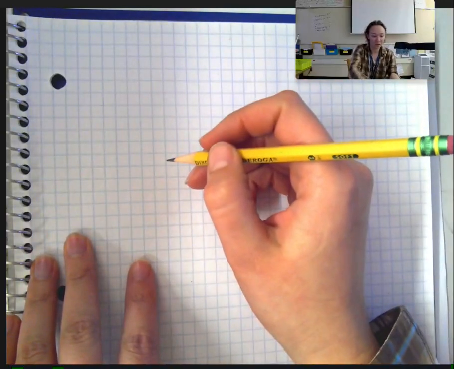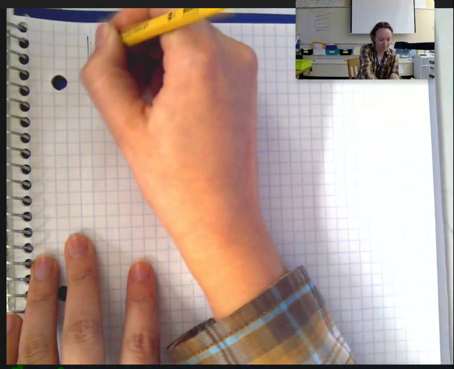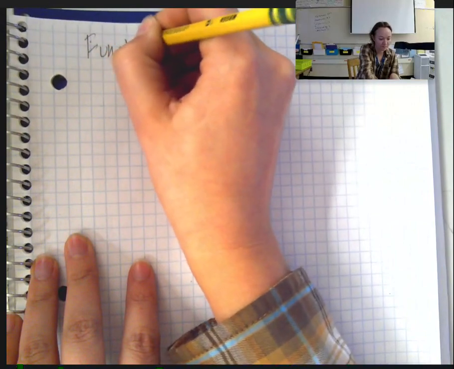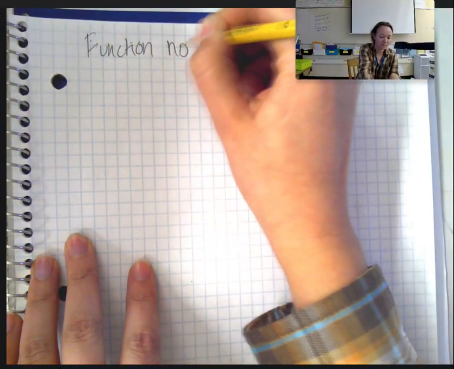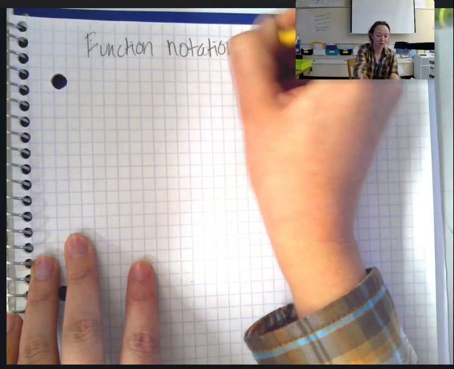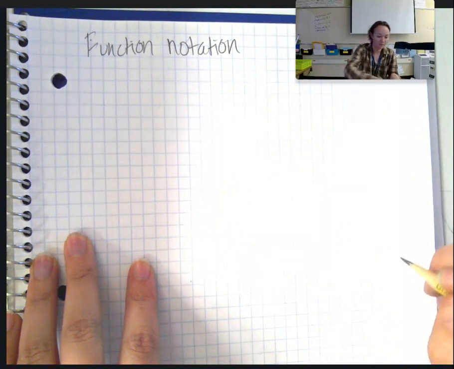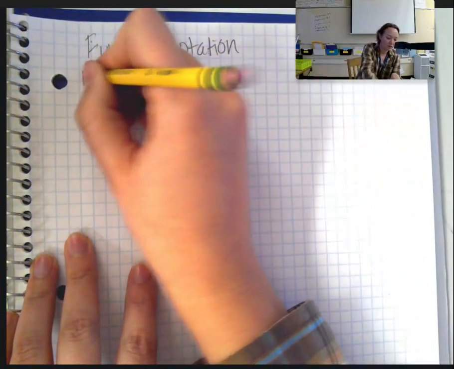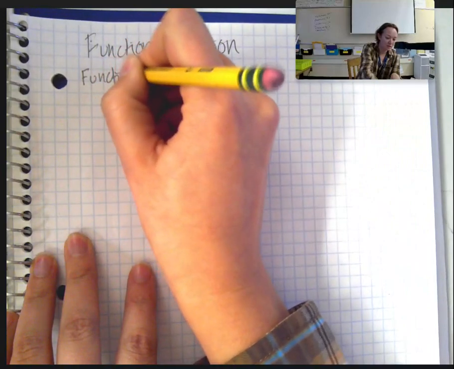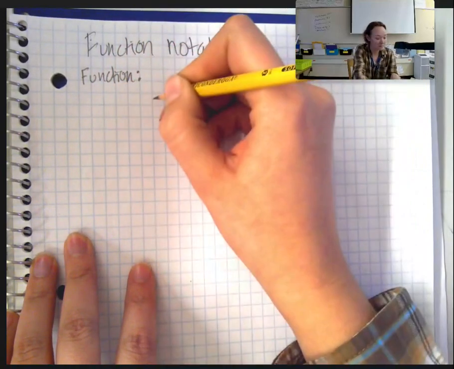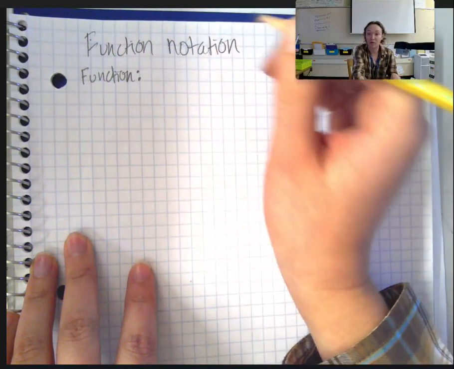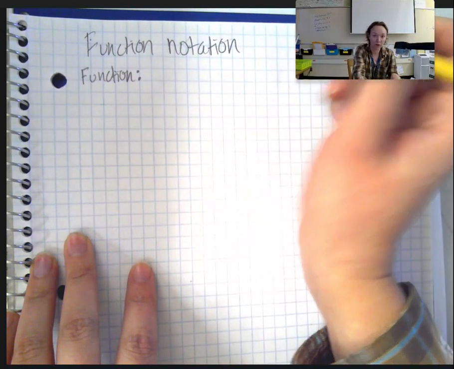All right, in this video, we're going to learn about function notation. So you may have learned a definition of what a function is before. That's often written as, or a way to identify a function being, anytime you have one output per input.